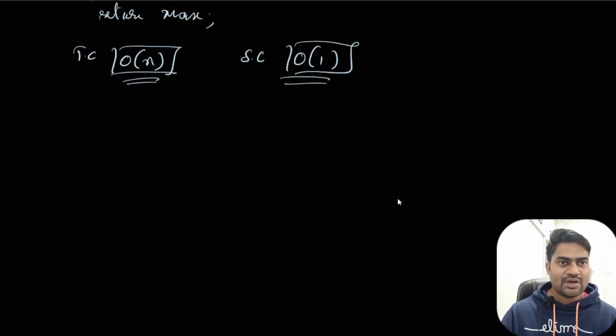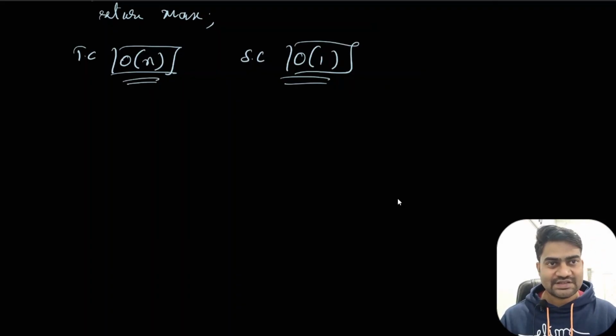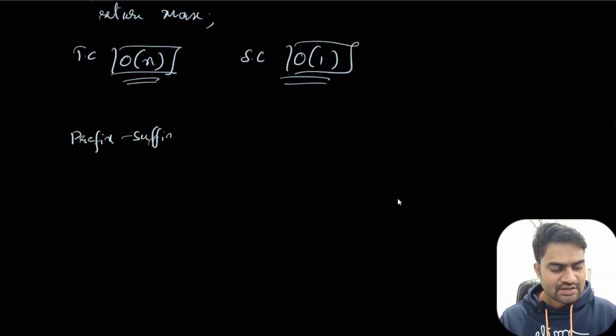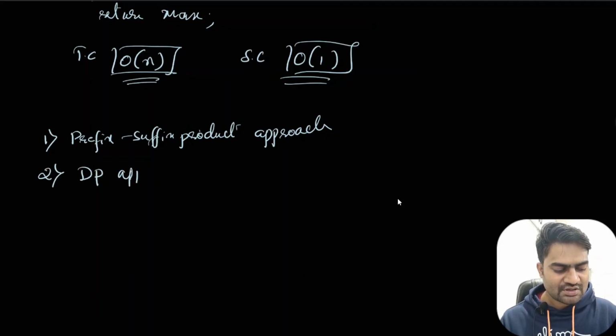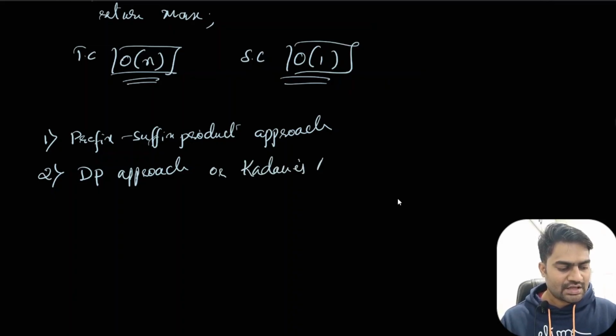So when to use the previous optimal solution, which is the prefix suffix product approach? This is the first solution we discussed in the previous video. Then the current one is the DP approach, also called the Kadane algorithm like approach.